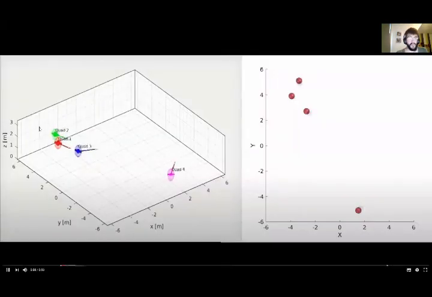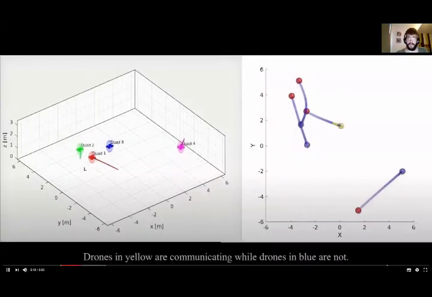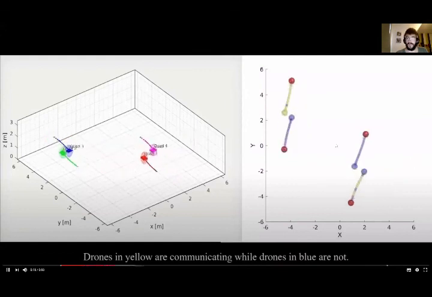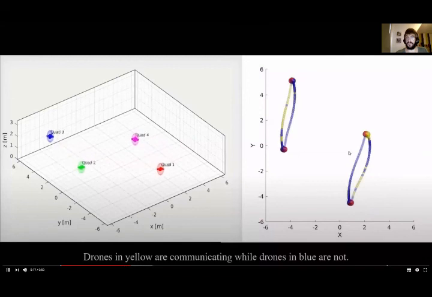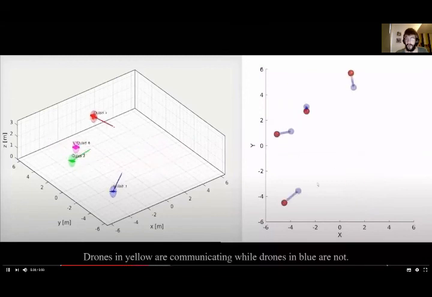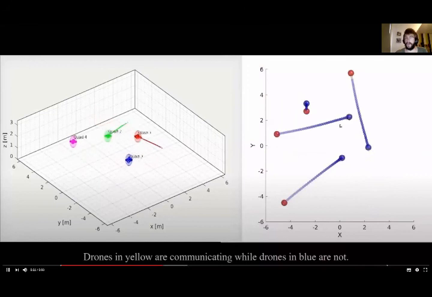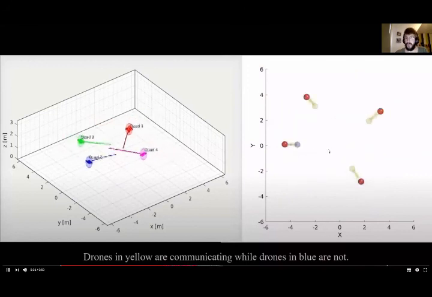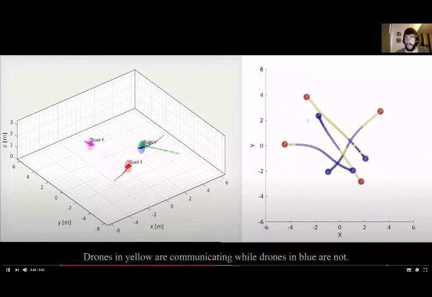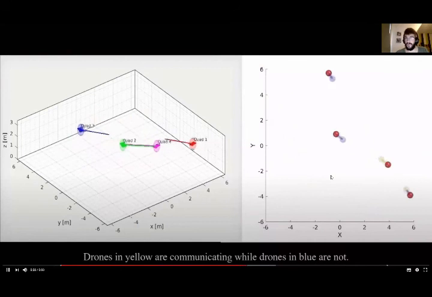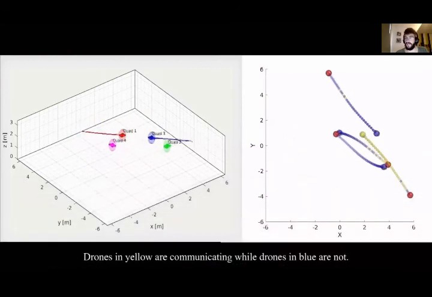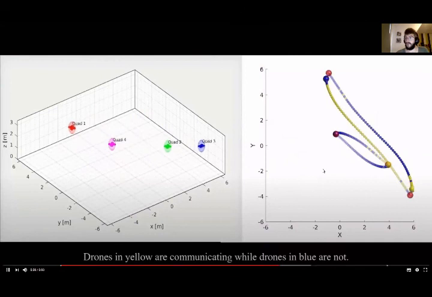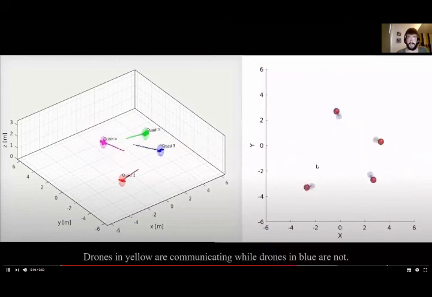In the following video, we can see on the left side the robots navigating in this environment, and on the right-hand side, we can see how these robots perform safe trajectories while marking when they are communicating or not. They are marked in yellow when they are communicating, and when they are not communicating, they are marked in blue. And as we can see, the communication policy learns to communicate before the intersections. In general, it doesn't communicate after these intersections.